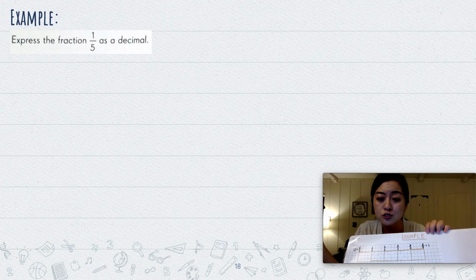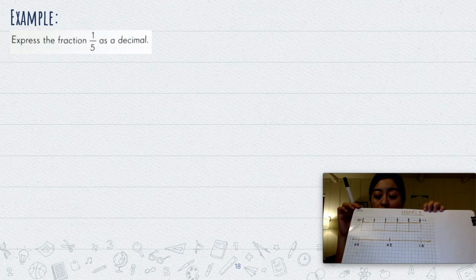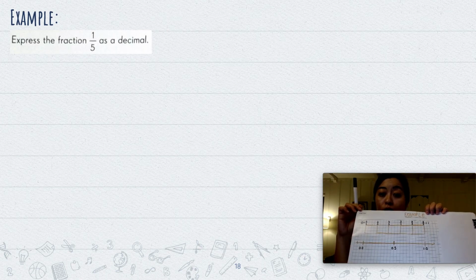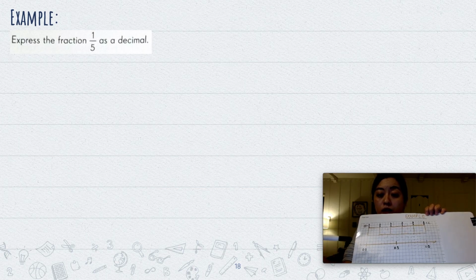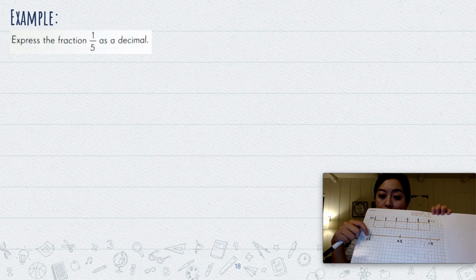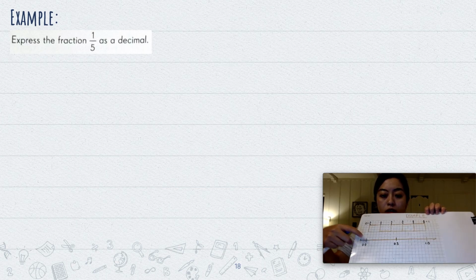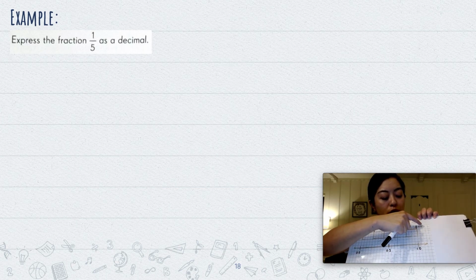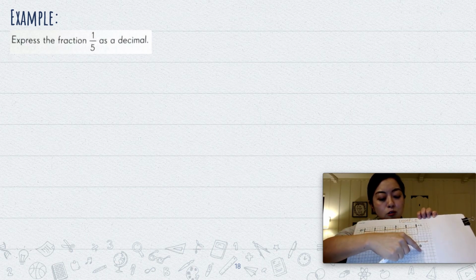Now if we want to draw a number line with decimals, 0/5 is 0, so I'll start my 0 here. And then all the way at the end is 1, which is the same thing as saying 1.0.